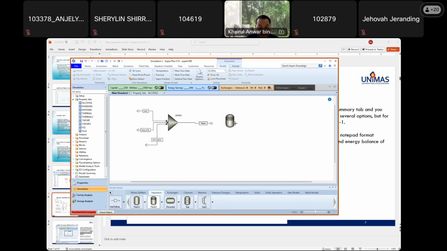Although this one is actually Flash 3. Okay, reduce the three outlets.